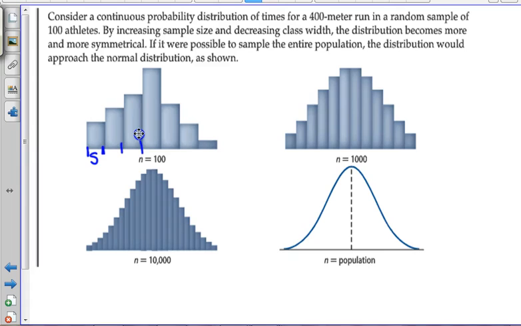Then they had 1,000 people's times in, and they broke the times down a little bit further. And then they put 10,000 people's times in, and they measured by every 1 second, okay? Eventually, it would approach this. So they're estimating that based on this entire population, we'd fall into this kind of a thing.